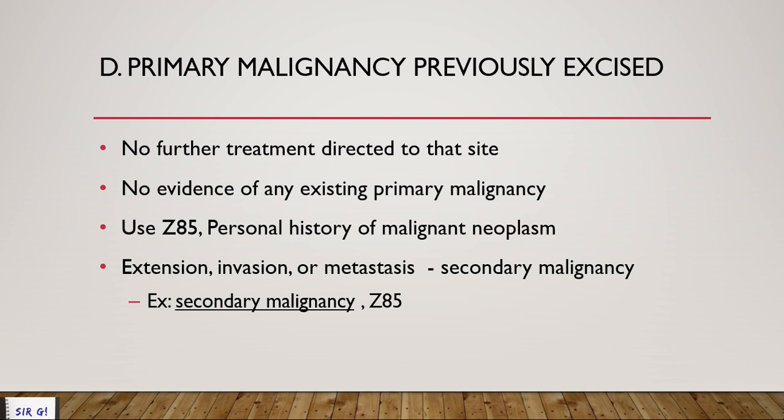Extension, invasion, or metastasis. What if there's an extension, invasion, or metastasis, or what we call your secondary malignancy? If it's still present, you need to code for the secondary malignancy followed by your history. As I mentioned a while ago, when you have your primary and secondary malignancy, you always need to code them both. Code first the reason for encounter or the focus of treatment.